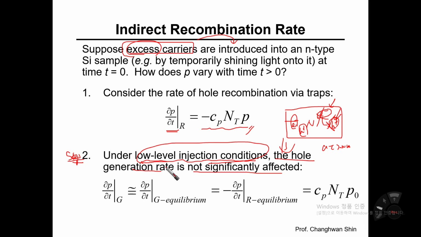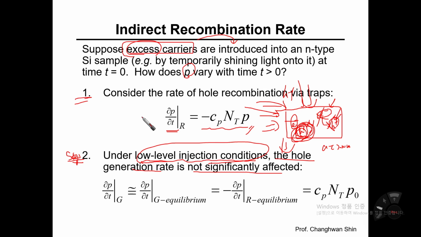So the hole generation rate is not significantly affected. Whatever holes are injected into this n-type material, the holes within this material are still generating, still recombining, still generating. Now, round p over round t, because the author has asked us how the hole concentration varies.